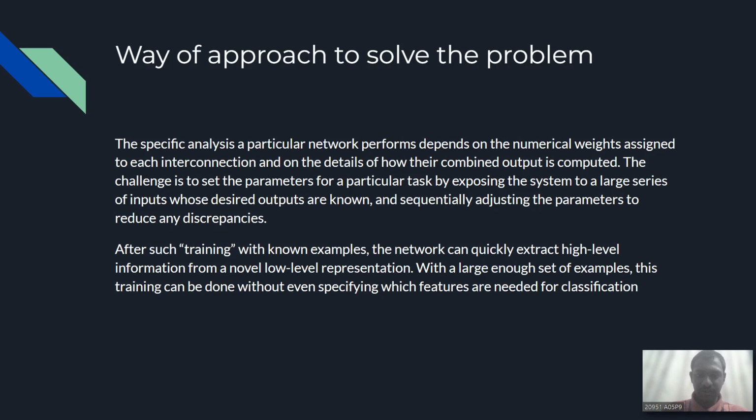After such training with known examples, the network can quickly extract high-level information from a novel low-level representation with a large enough set of examples. This training can be done without even specifying which features are needed for classification.